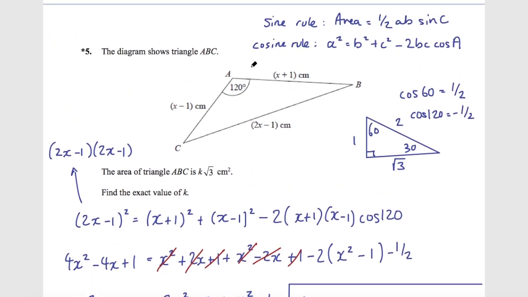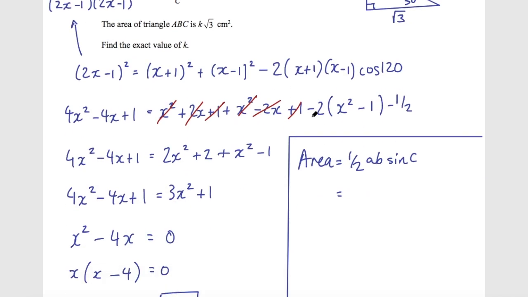Let's just work these out. Because x equals 4, remember, so this side must be 5 centimeters and this side must be 3. So I get half 3 times 5 times sine of 120.